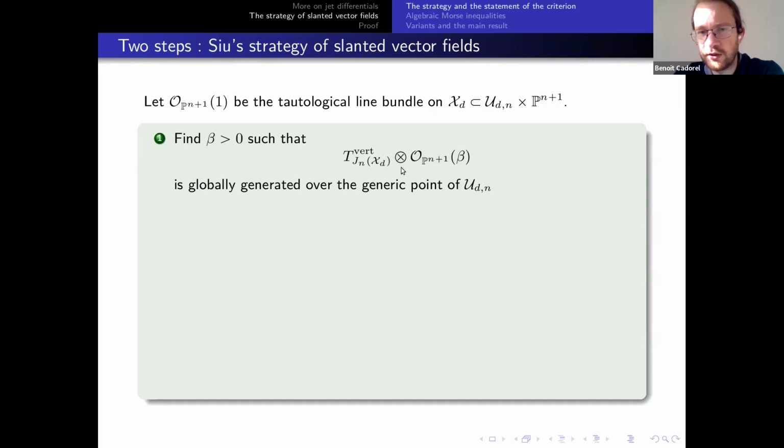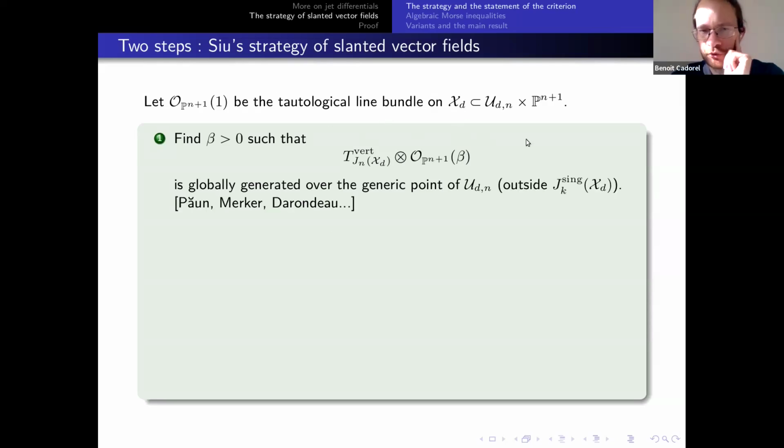So you look at the vertical tangent vectors to your space, possibly with a pole of order beta inside the hypersurfaces you are considering.